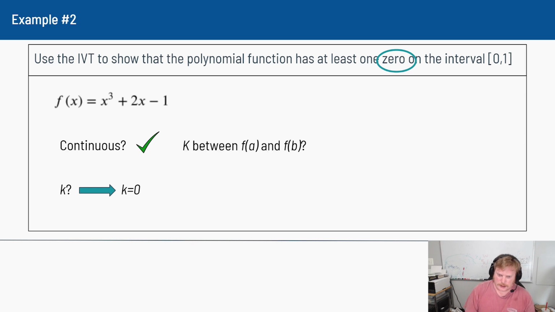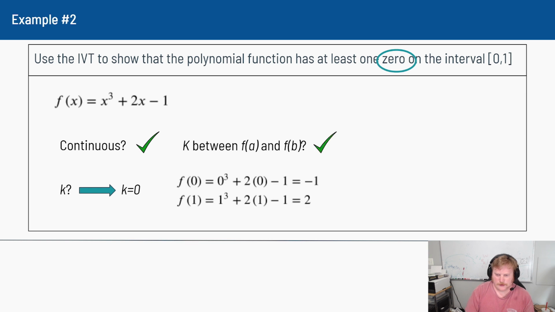So the next thing we need to ask, the next piece of the hypothesis, is that number k between f of a and f of b, between the endpoints of the output of the function? Well, substituting in 0 and 1 from the interval, we see that yes, 0 is between -1 and 2, and therefore k is between f of a and f of b.